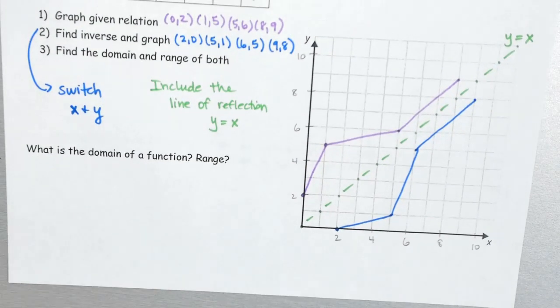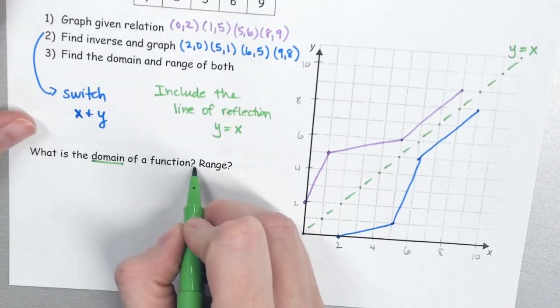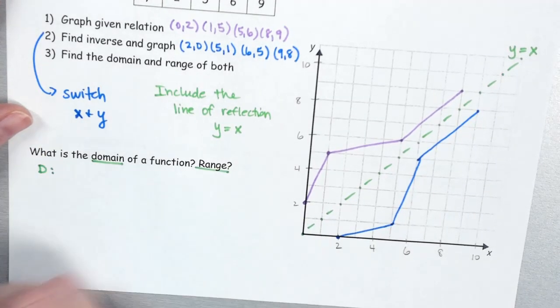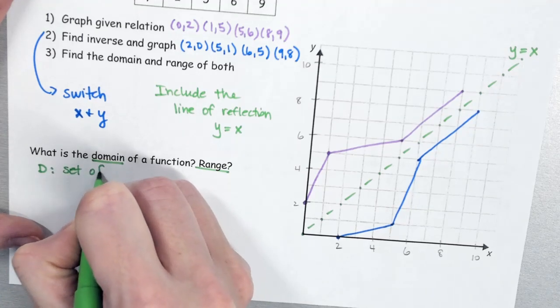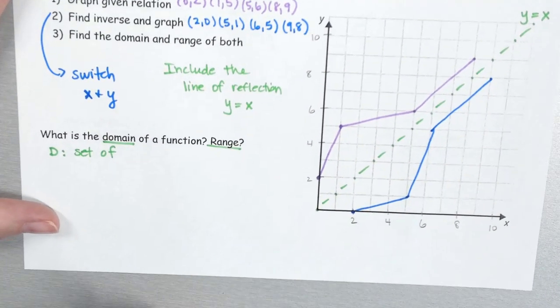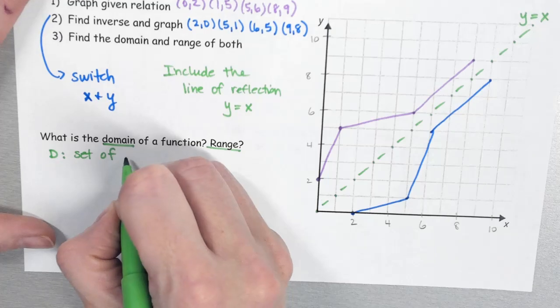Okay, and then we are going to do the domain and range of both of those. So when we're thinking about the domain and range, okay, the domain is the set of what? What does the domain relate to? Yeah, it relates to your what? The x values. So it's a set of x values.